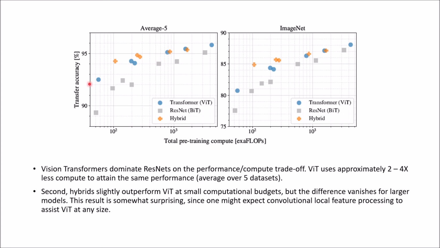The second interesting point is the hybrid. As you can see, the hybrid slightly outperforms the ViT at small computational budgets, but the difference vanishes for larger models. This is a little bit surprising, because we hoped that the output of the ResNet in the hybrid could give us more benefit, but actually there is only a slight benefit here.